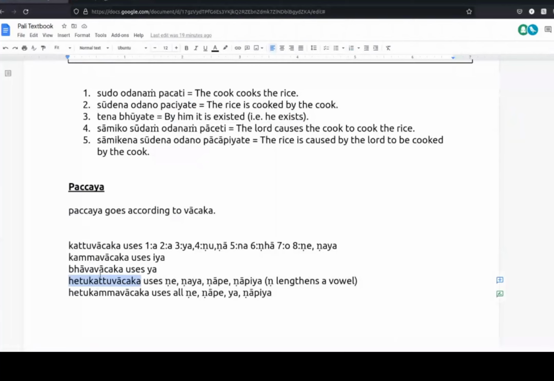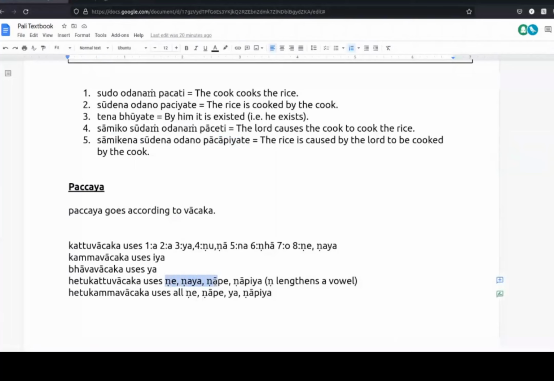If it's someone causing someone to do something, or if it's speech about the thing that someone is causing someone to do something about. So this is speech about the rice, which the Lord is making the cook. Right, so here we have hetukatu vajika, and they both use.